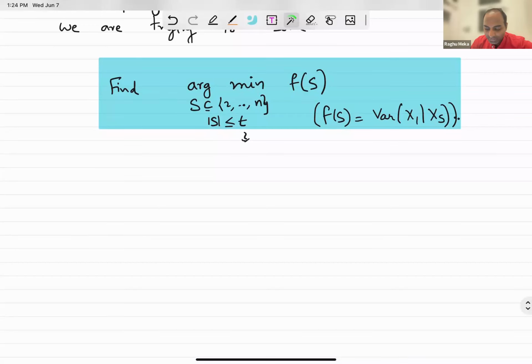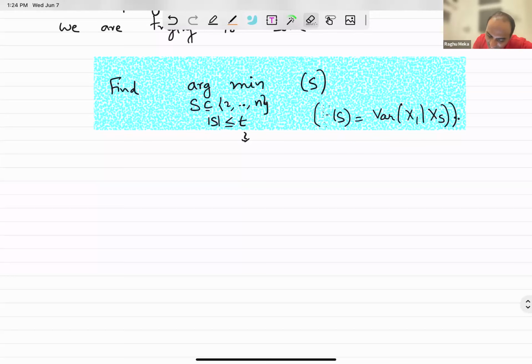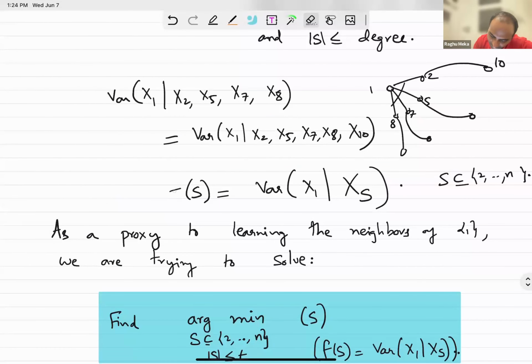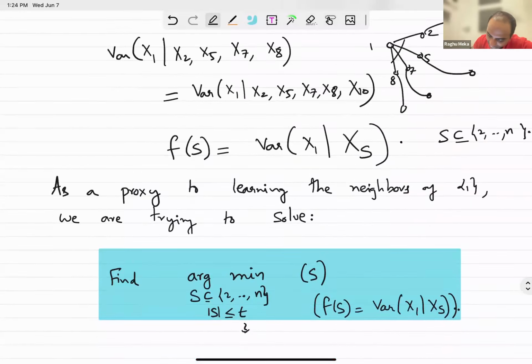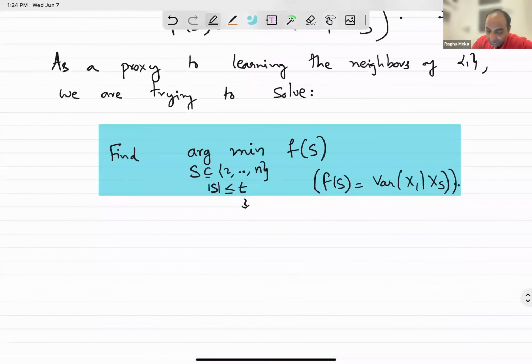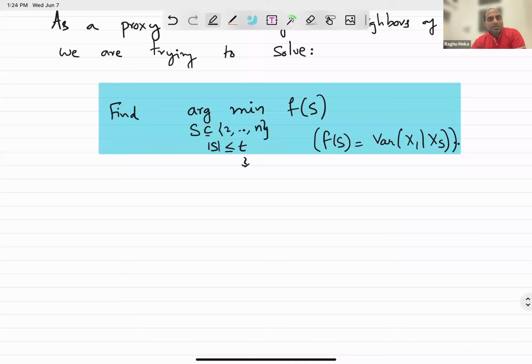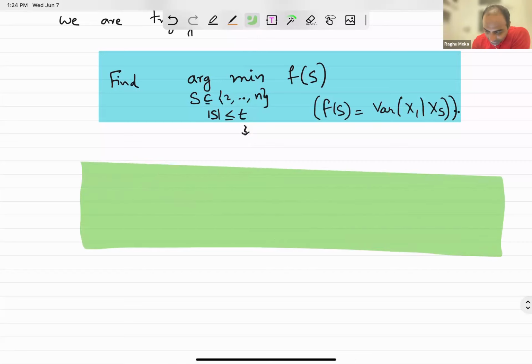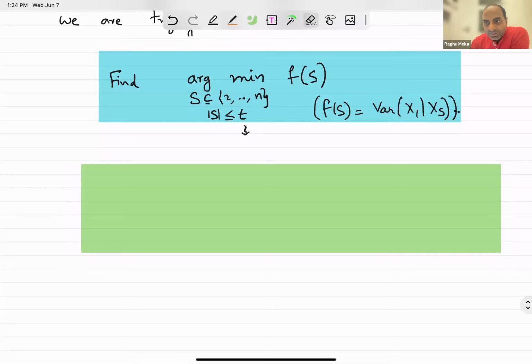Now, what can you tell me about this conditional variance function? Let's keep the notation F. Why complicate things? Can you tell me some properties of this function F in general? Is it non-negative?